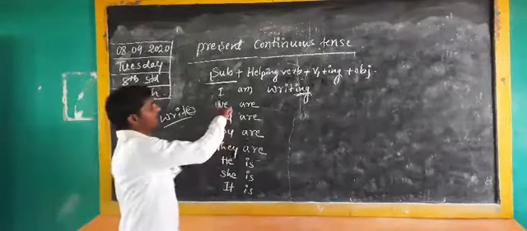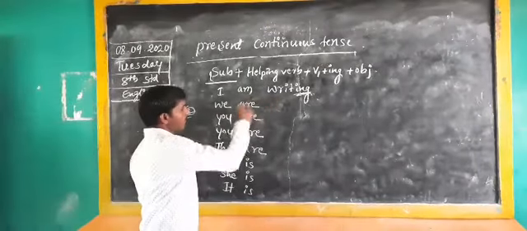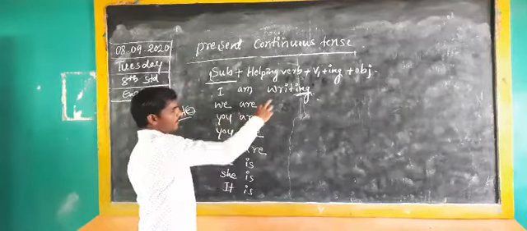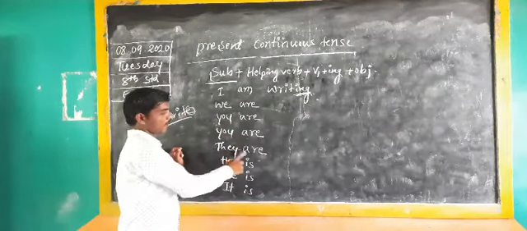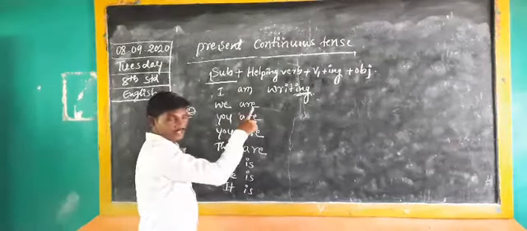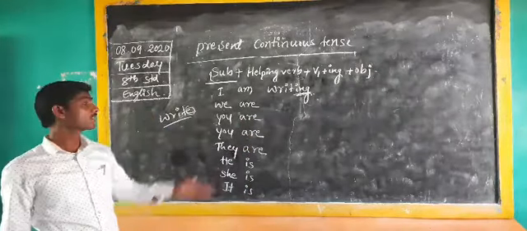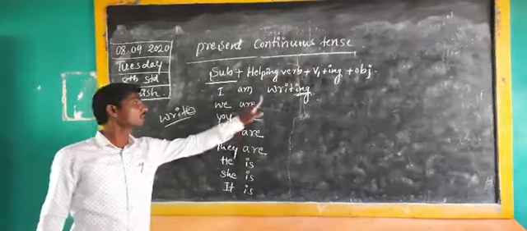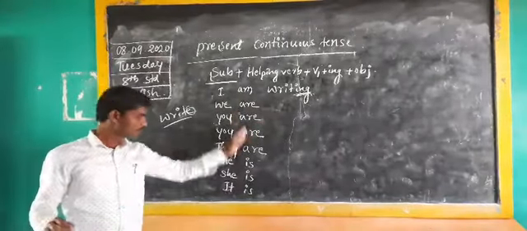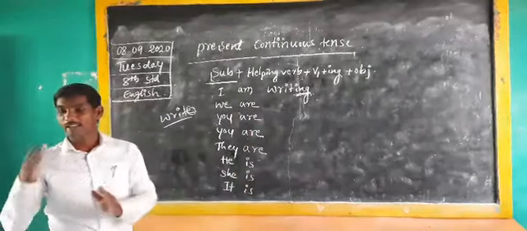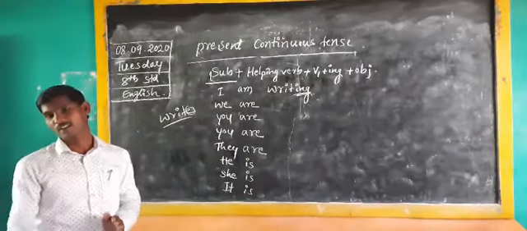In the same manner: I am writing, we are writing, you are writing, you are writing, they are writing, he is writing, she is writing, it is writing. That means these persons are doing this writing action in the present moment, and it is not complete. That action is continuously going on.